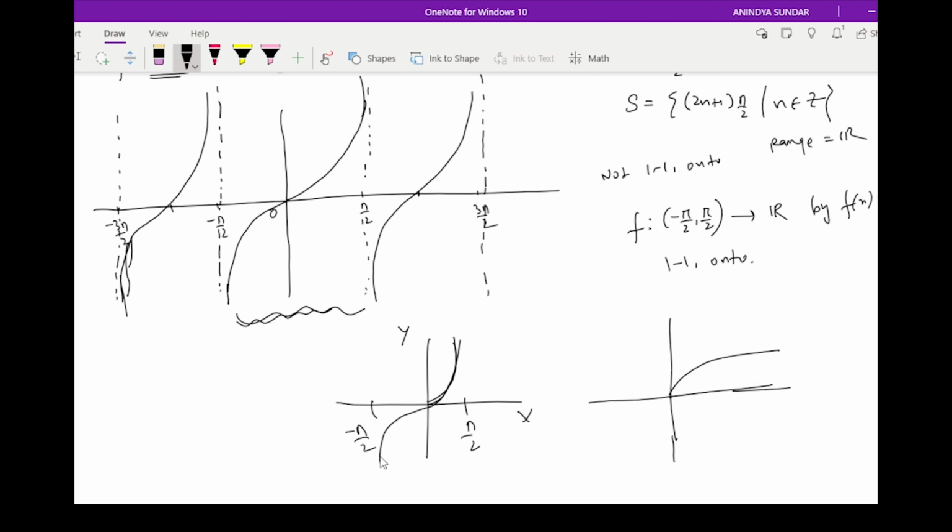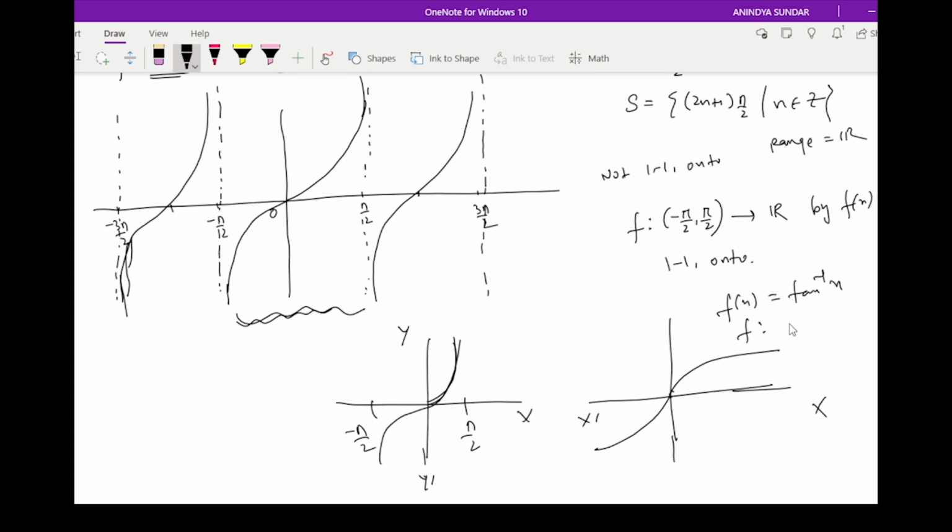Now it has decreased towards the negative y-axis, so I have to draw in a similar fashion towards the negative x-axis this time. So like this. This is my graph of tan inverse x.